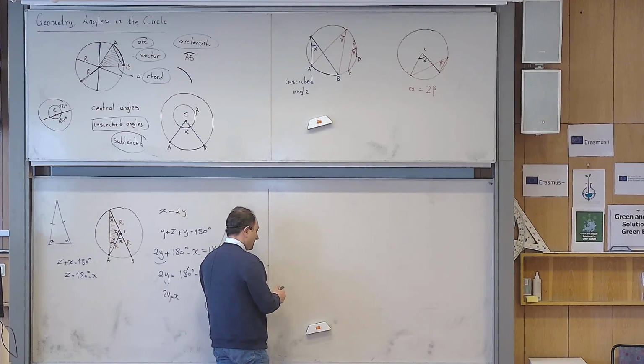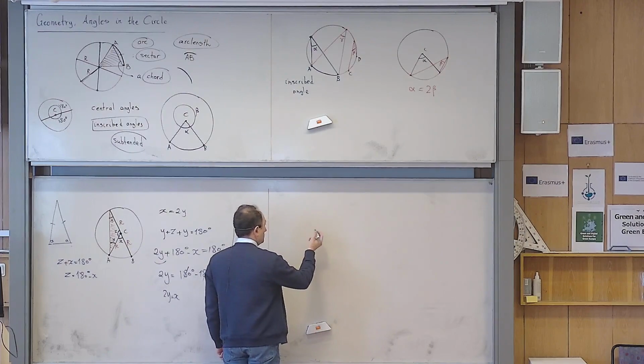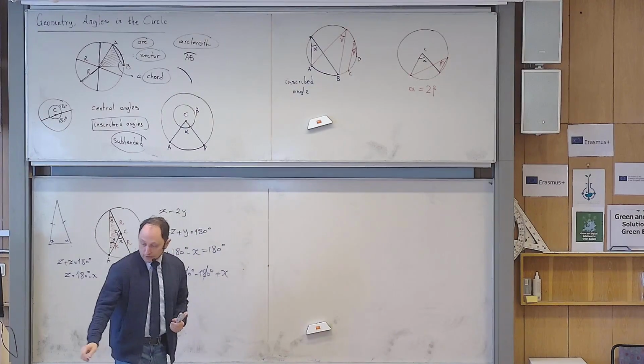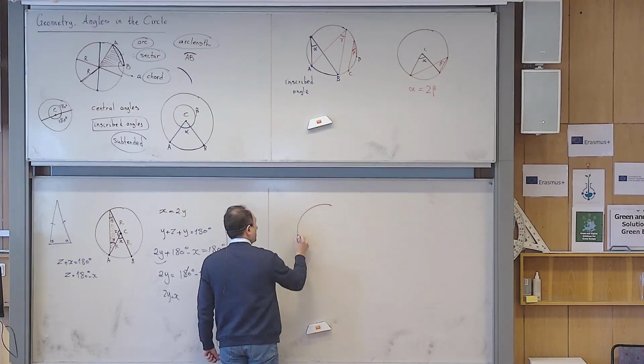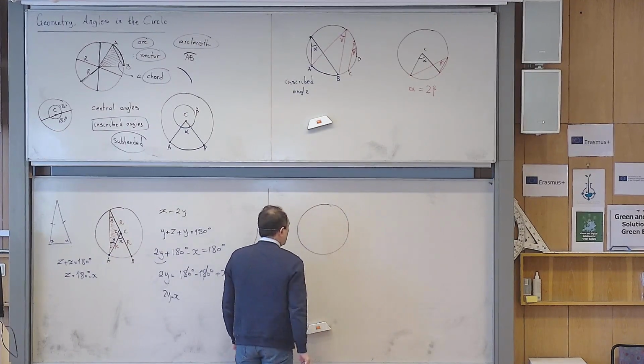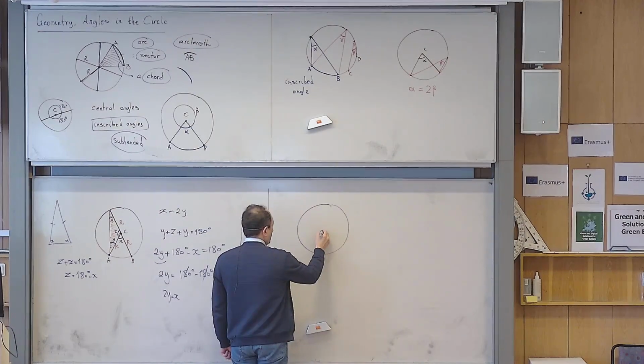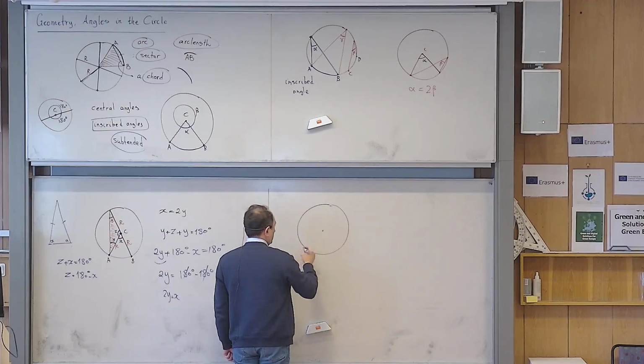So let us try to formulate the problem in this way. I draw another picture. So let us say that I have this circle here. Let me draw one central angle here.